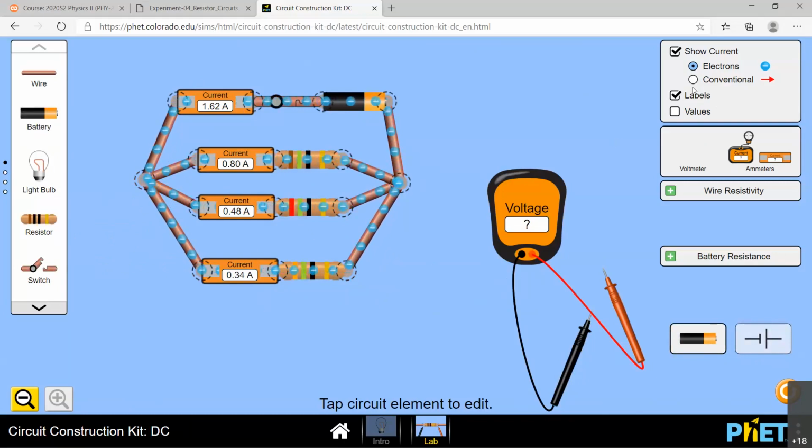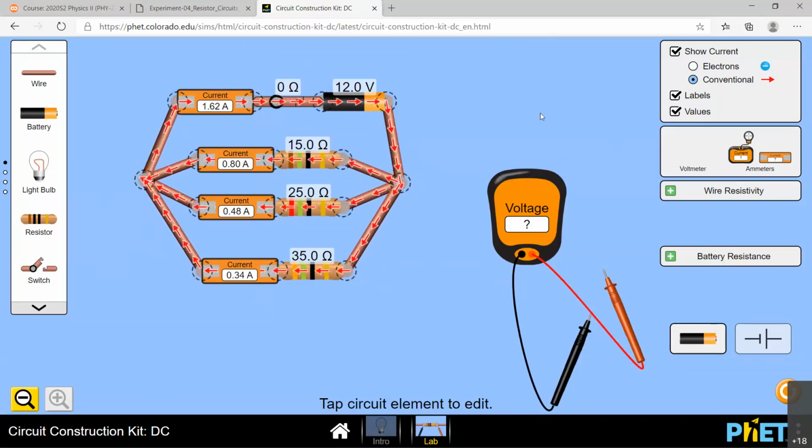If you want the conventional direction of current, you see the opposite of the electron motion, right? So you can click on the right hand side, very top. You can see the icon says the electron or the conventional current and labels, and you can show all the values of resistances and so on. So it's better maybe to click all of them before you take the screenshot.